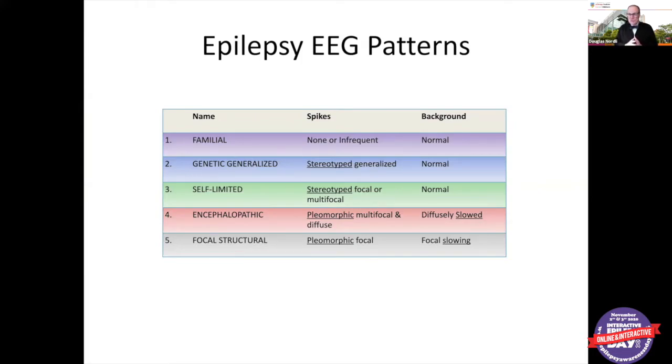In the last 2, it's abnormal. In the epilepsies shown with the encephalopathy in a reddish color, there's diffuse slowing of the background. In the epilepsies associated with a focal structural lesion, there's focal slowing.